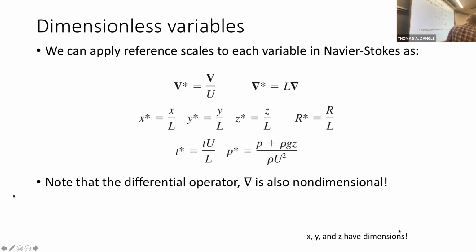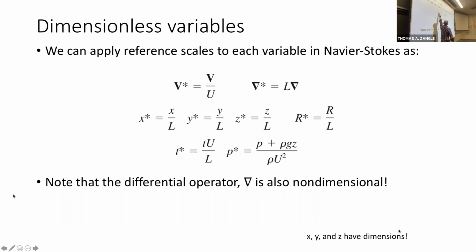So if we look at our Navier-Stokes equations and take this concept of reference scales, we said that we're going to have reference scales for velocity and for length, and then we're also going to consider the density and the viscosity of the fluid. Then we can write dimensionless forms of every variable within the problem.